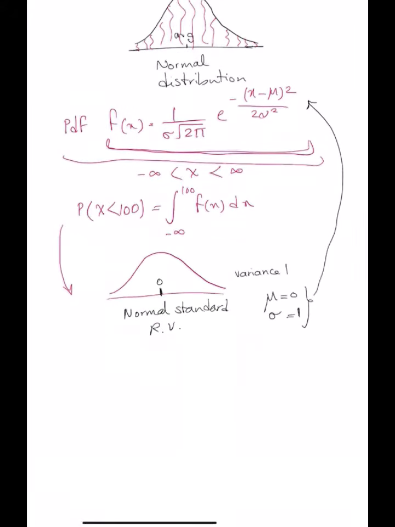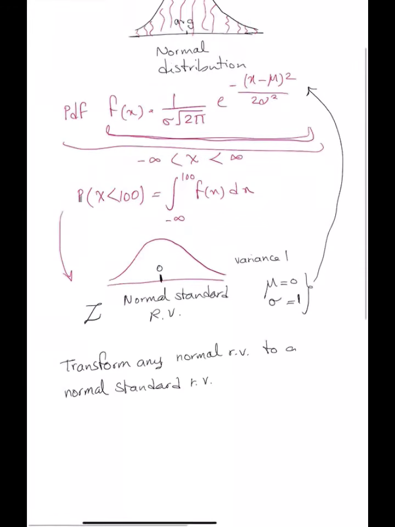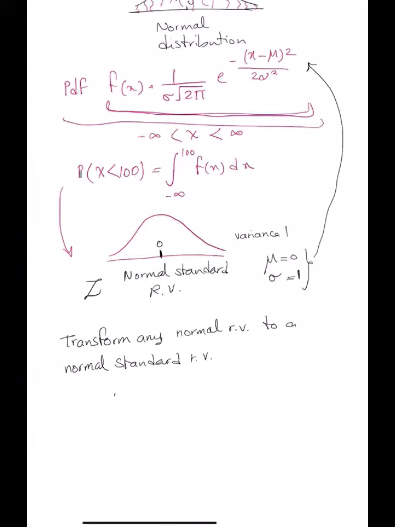However, if we want to transform any normal random variable to a normal standard random variable, which we also show with letter Z, then we have to deduct the average from that random variable and divide it by its standard deviation, and that gives us the equivalent value of the random variable in a normal standard distribution.